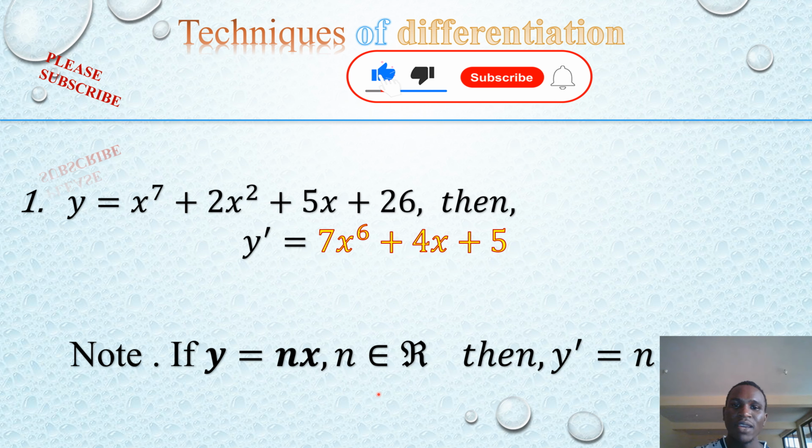In general, for a function like this, if you have y equal to a constant times the independent variable, like a constant times x, for instance, x is the independent variable. To differentiate this function, forget about the x, just delete it and write the constant. Like what we did here. You see that it ended up with just a constant in front of it now. So take note of this rule. This is another rule that you have to take note of.